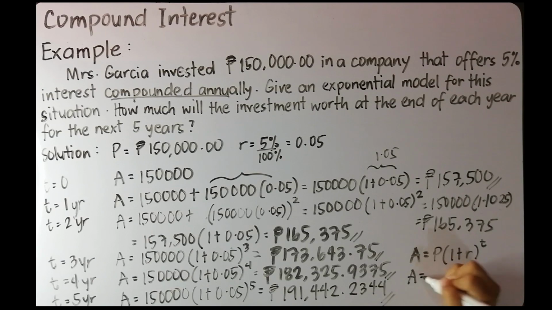That is 150,000 pesos times 1 plus our rate, 0.05, raised to t. So our amount of investment is a function of t, the number of years or how long the investment lasts. This is our exponential function, and this is the time.